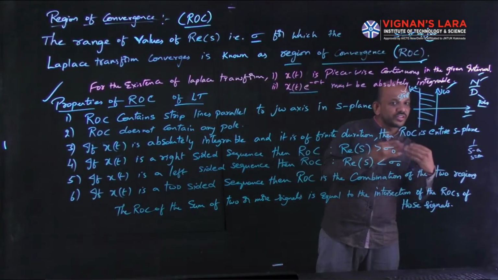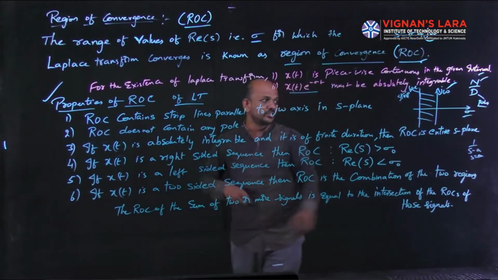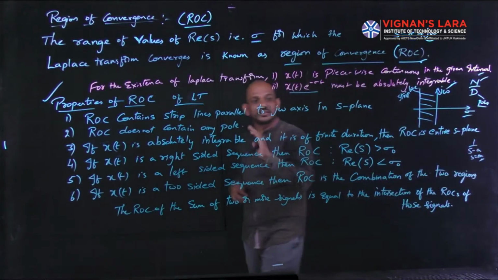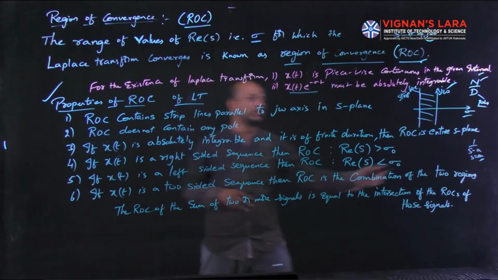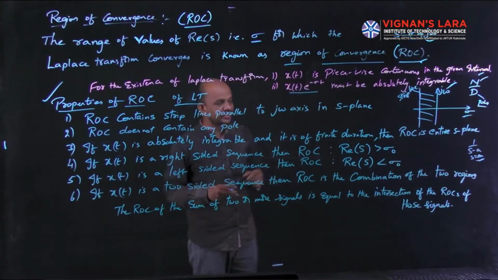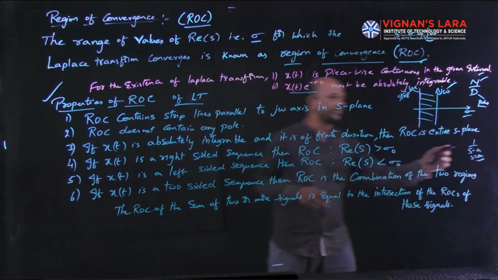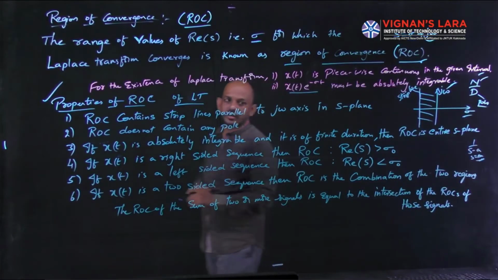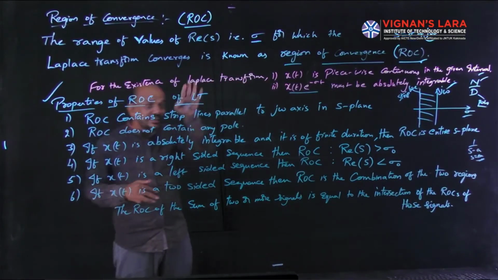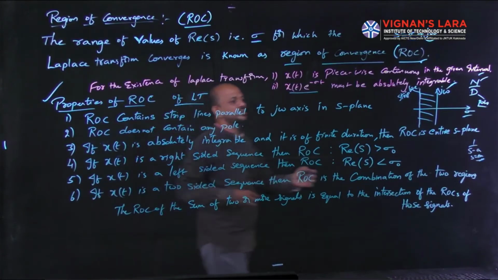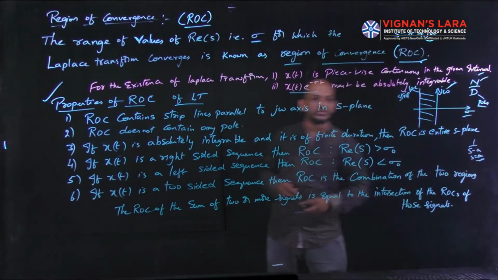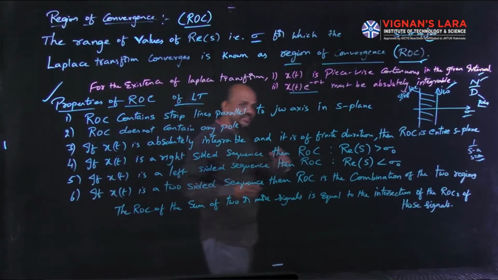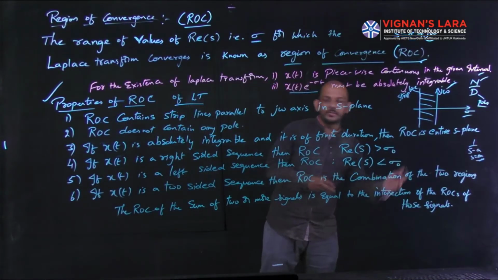That is based on the given signal. So the region of convergence will change along with this value. Here a is the pole, so the region of convergence does not contain the value a. It may be greater than a or less than a. How it will be, see in the next point.